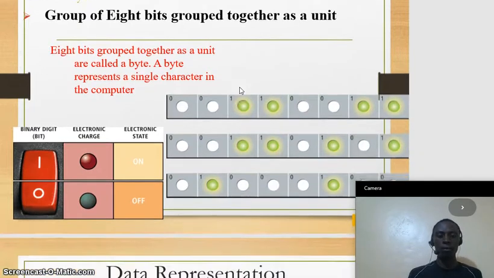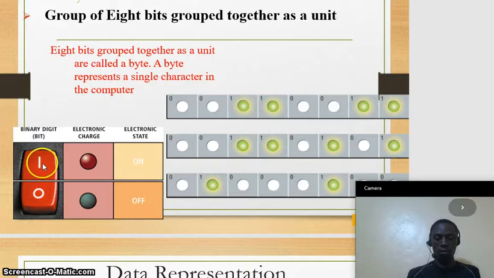Look, for example, the state is either on or off, 1 or 0. An electronic charge can be charging or not charging. Then it can be in a state that is on or off. Take an example of your socket.